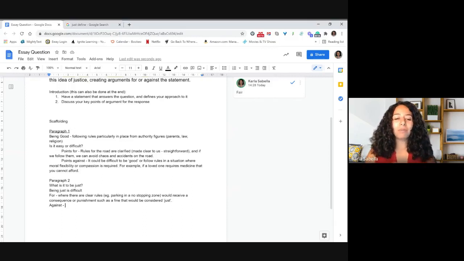Again, that's where you can go, okay, yes, it is difficult. So it always depends on the situation. I suppose that's one of the key arguments you would have, right? What if you needed to park in a no stopping zone for an emergency?